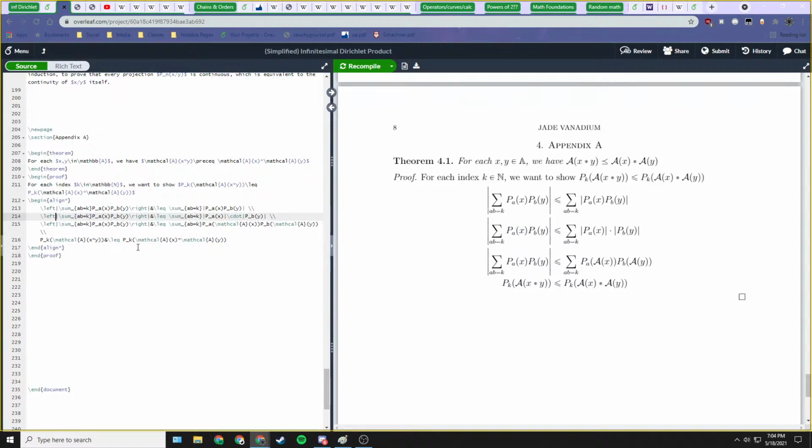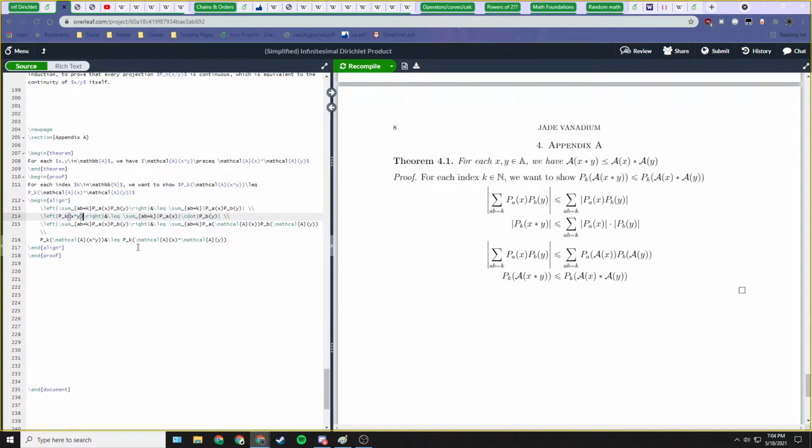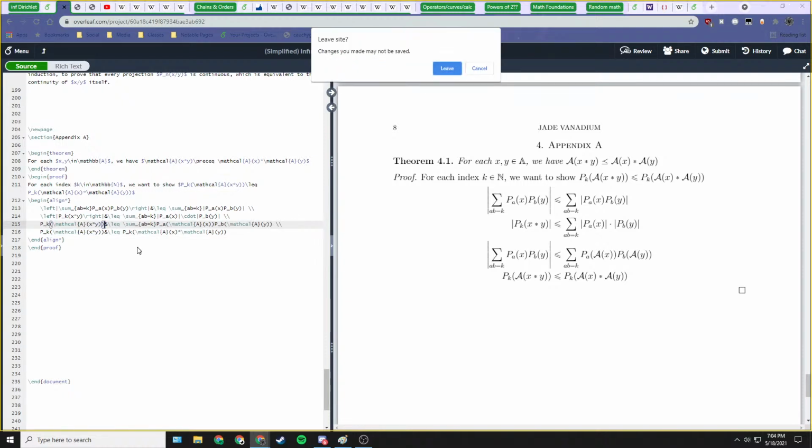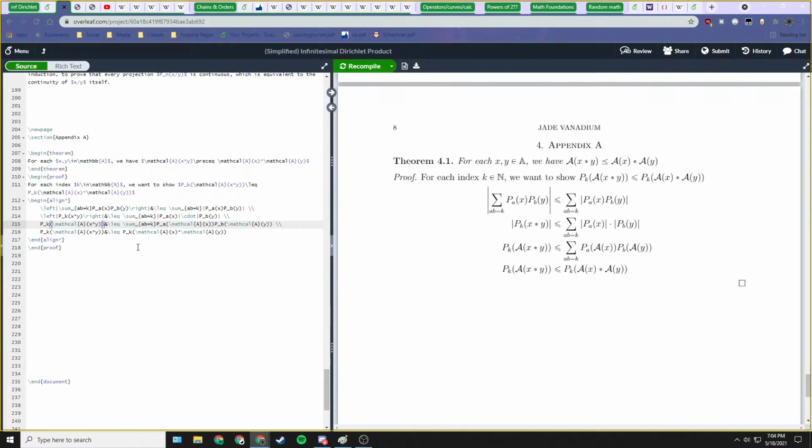This absolute value of the sum is just p sub k of x times y. And in the next line, the absolute value of p sub k is just the a of the absolute value, so P of A. Okay, let's try that.